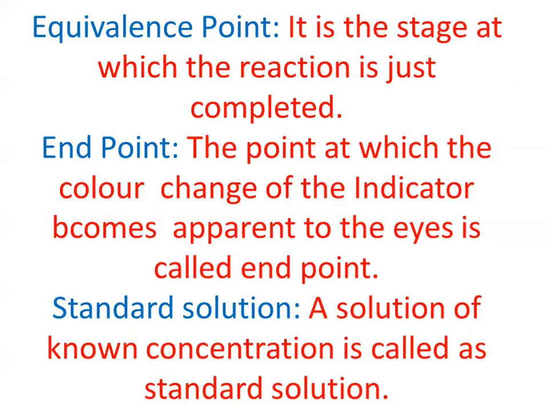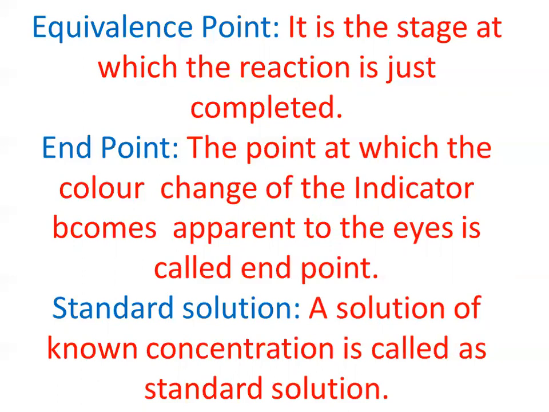How will it be known? If two colorless solutions are there, it is difficult for us to know that. So we use an indicator. An indicator indicates that point. An indicator may be a foreign substance or the same substance.